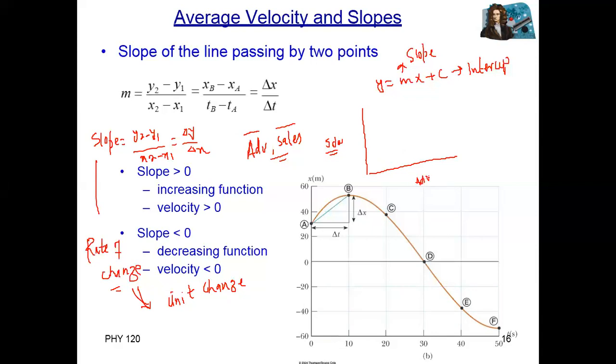Let's suppose one month you spend $100 on advertisement and your sales are 40,000. Next month you spend $150 and your sales are $60,000.